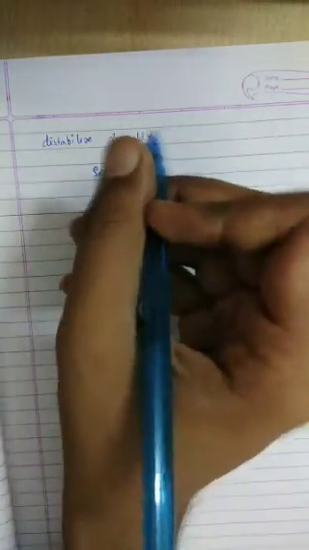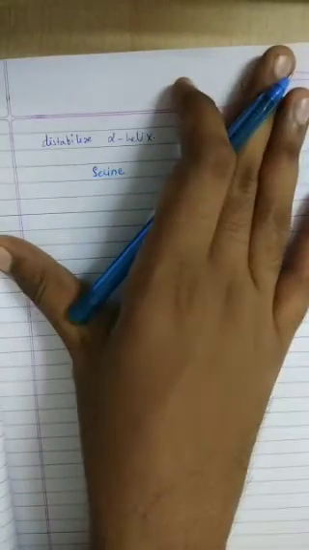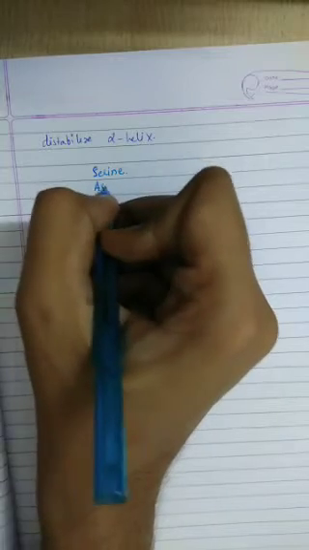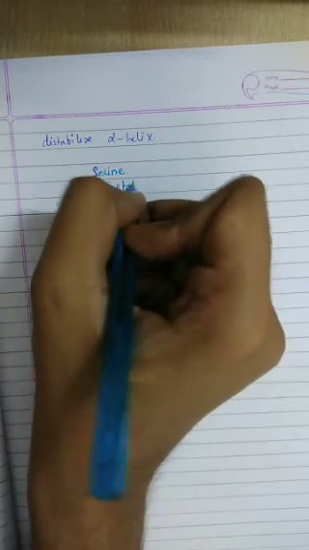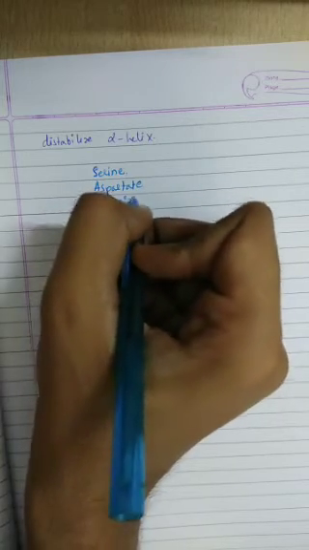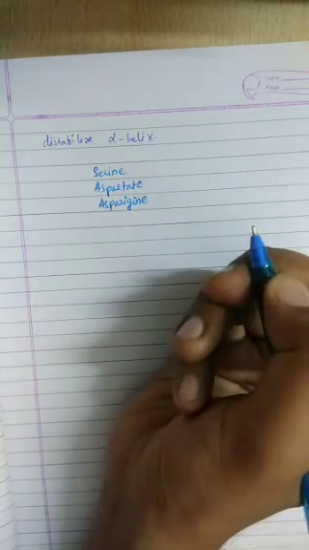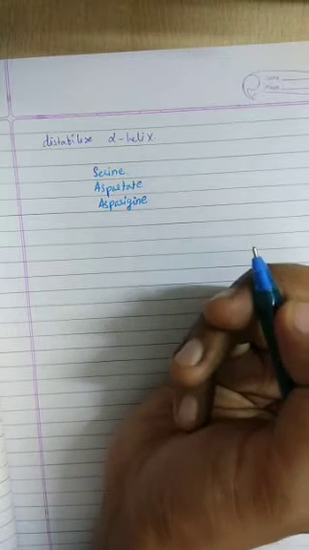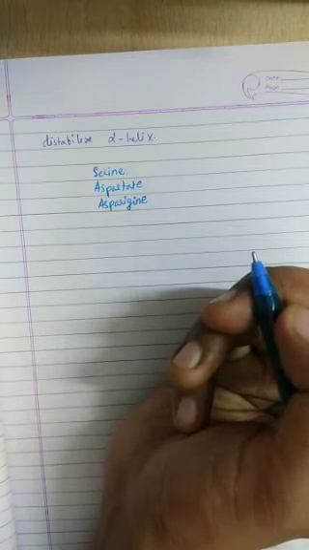When serine is present in this alpha helix, it will always destabilize this alpha helical structure. Serine, aspartate, and asparagine: when these are present, they will always disrupt the stability of the alpha helix.